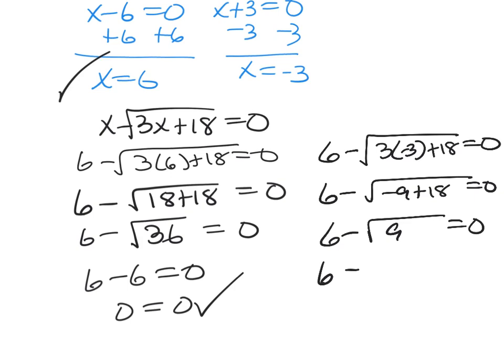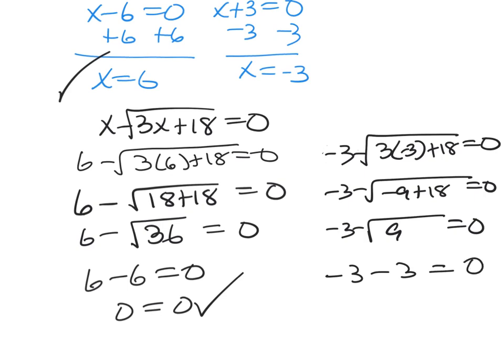Sorry. I plugged in the other number here. These are 3s. It should have been a negative 3, negative 3, negative 3. So negative 3 minus 3. Negative 3 minus 3 is negative 6. It's not equal to 0, so this one fails. So your only answer is x equals 6.